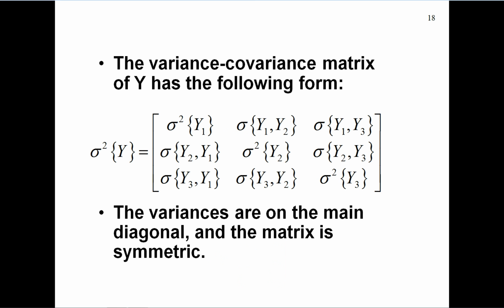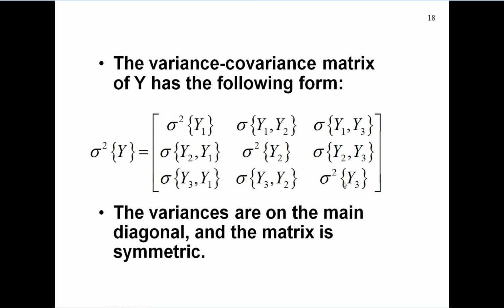We can talk about the variance of y1 and the covariance of y1 with y2, which is exactly the same thing as the covariance of y2 with y1. So we see that these off-diagonal elements are certainly equal. The covariance of y1 with y2 is the same as the covariance of y2 with y1. The covariance of y1 with itself is the definition of the variance of y1.